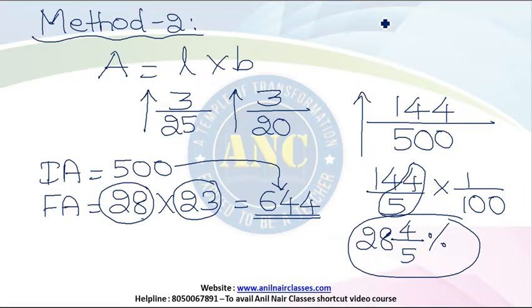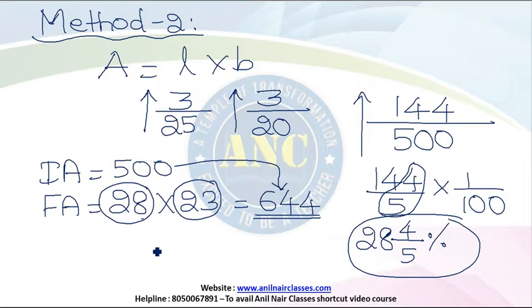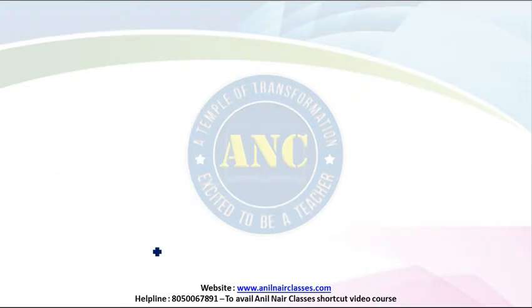But if the percentage value given in the question is not one of the values which we have learnt, we did not learn 12%, 15%, then we will go by successive percentage. But ultimately, sir, it is completely in your hands. Any person should decide for yourself which is the best method for you, and then follow that particular method.